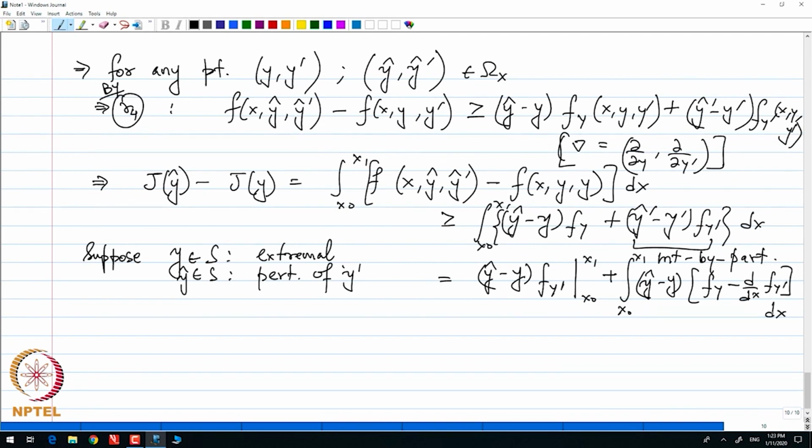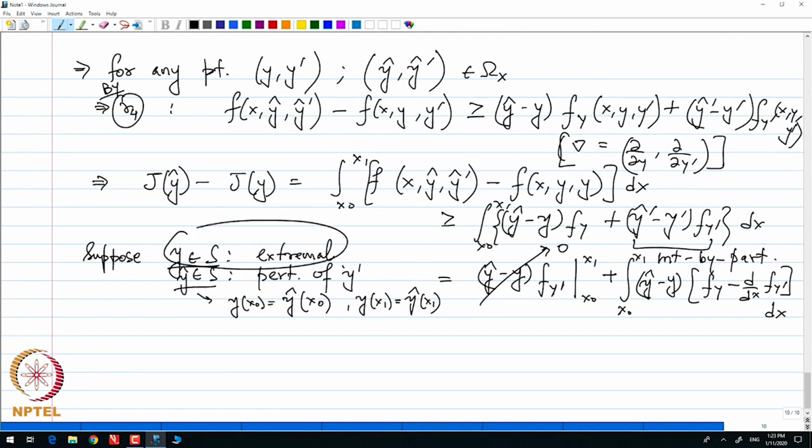Okay. Now it turns out that since y and y hat both lie in S, it must satisfy the endpoint conditions. This means that y at x naught is equal to y hat at x naught, and y at x 1 is equal to y hat at x 1. That is the endpoint condition that it must satisfy, so this difference will be 0. And similarly, since y is an extremal, it leads to the condition that the solution to the equation inside the bracket, which is the Euler Lagrange equation, will be 0.